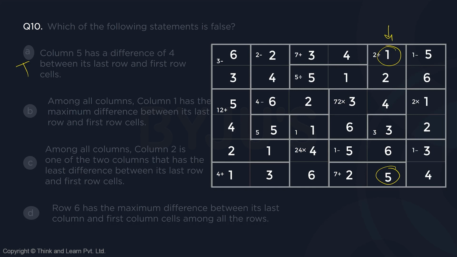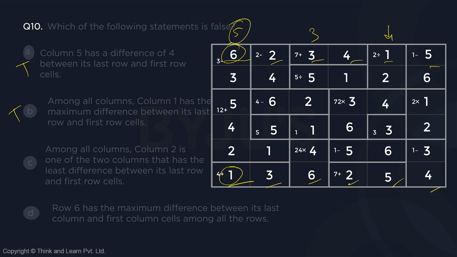Among the columns, column 1 has the maximum difference between its last row and the first row. 6 minus 1 is 5. Here we have 1, here we have 3, here we have 2, here we have 4, here we have 1. Clearly this is the largest. In any case 5 is the largest difference, right? Minimum and maximum. So clearly no need to check the others. But the statement is true.